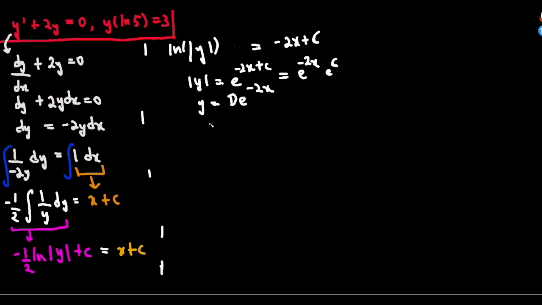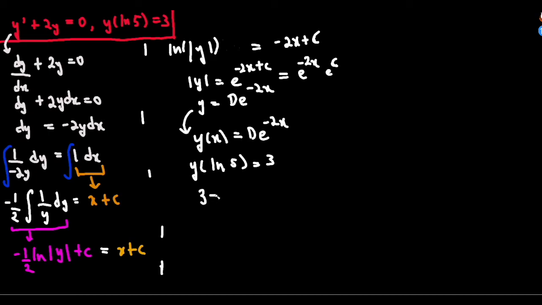Now we have the initial value we can solve for. So this is essentially y of x equals d e to the minus 2x, and we are given that y of ln 5 equals 3.